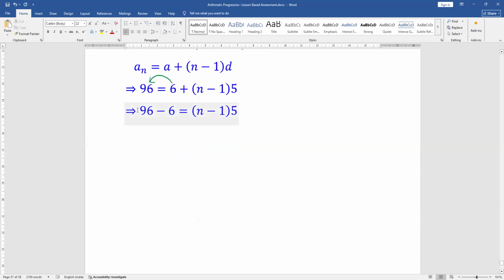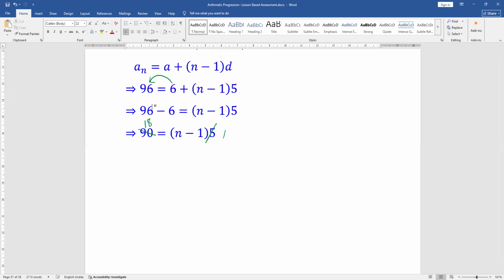Okay, then right, 96 minus 6 is 90 equals (n minus 1) into 5. This one I got on the right hand side. So now 5 ಅಲ್ಲಿ cancel ಮಾಡೋಣ, 5 and 90, 5 ones are 5, 5 18s are 90.